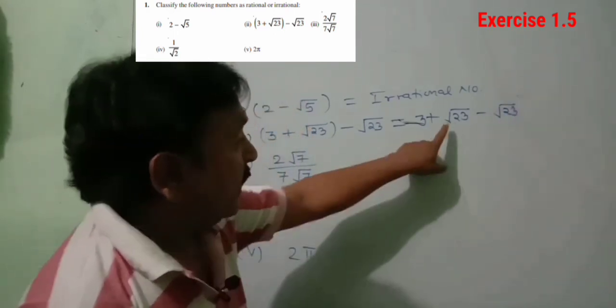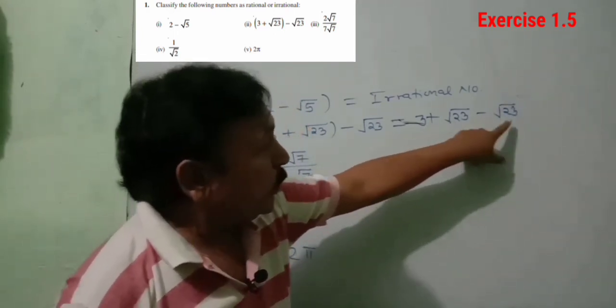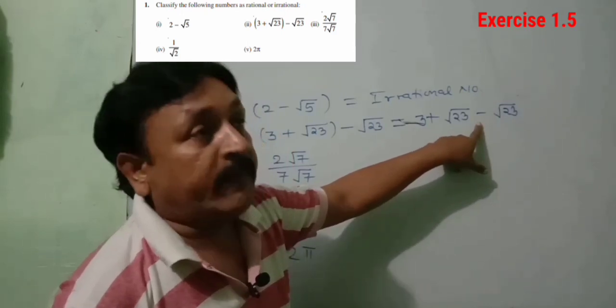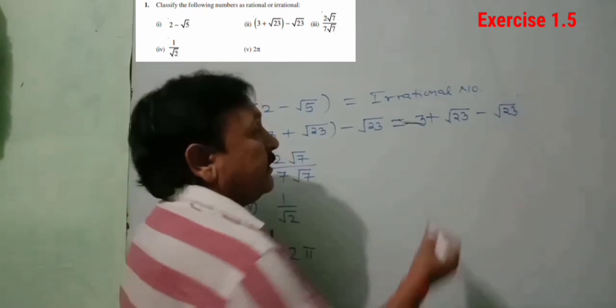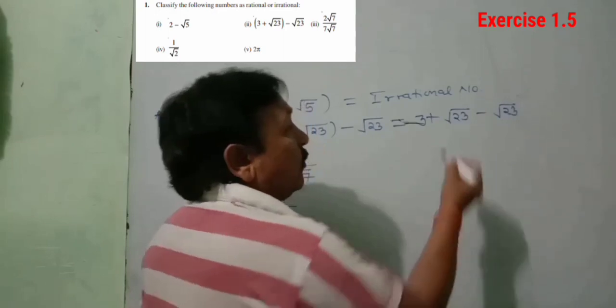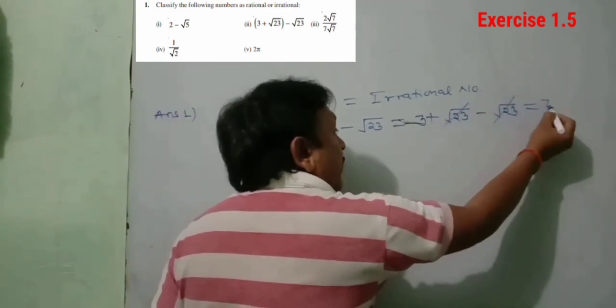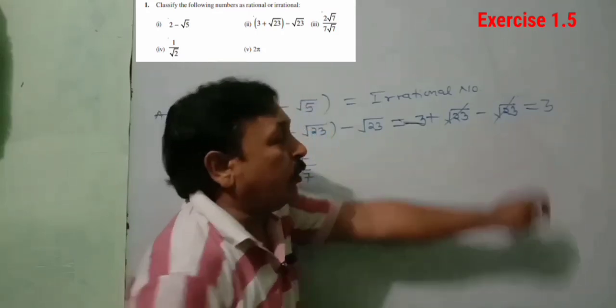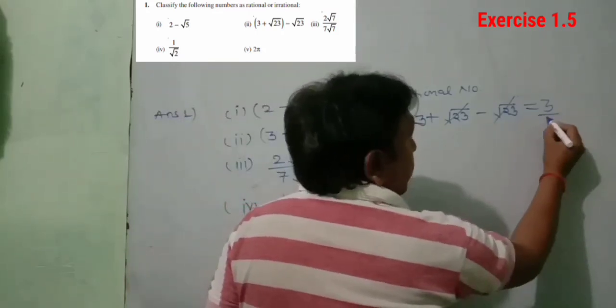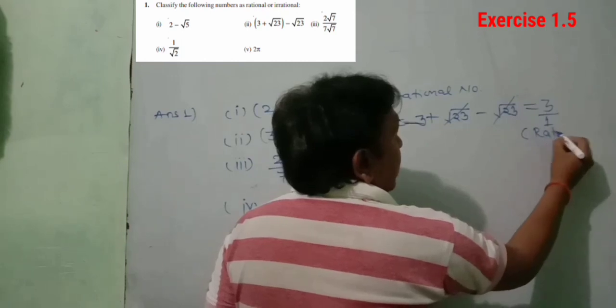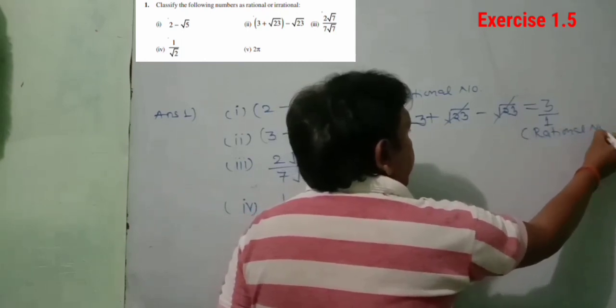See here, root 23 is positive here, root 23 is negative here, and we know in maths that if anything has the same value as a positive and a negative, then they cancel out. So what are we left with? Only 3, and we all know we can write 3 in the form p upon q, so it is a rational number.